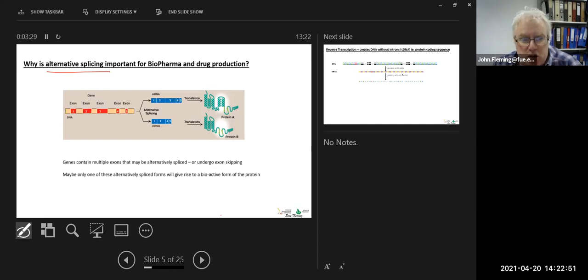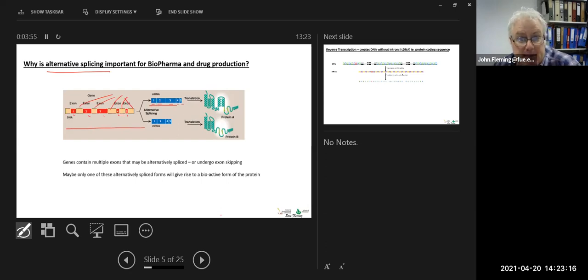So in the example that's shown here, on the left-hand side, we have our double-stranded DNA with 5 exons. And during splicing, shown up here on the top, we get the removal of all the intron sequences, leaving behind the 5 exons that are then spliced together.